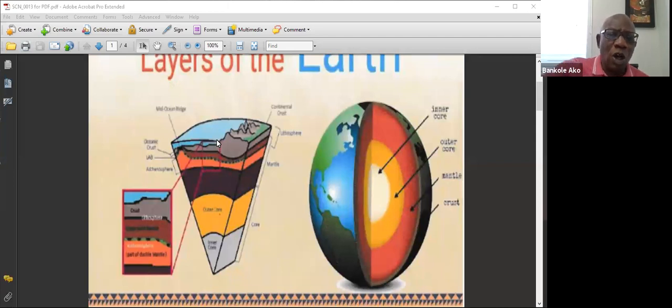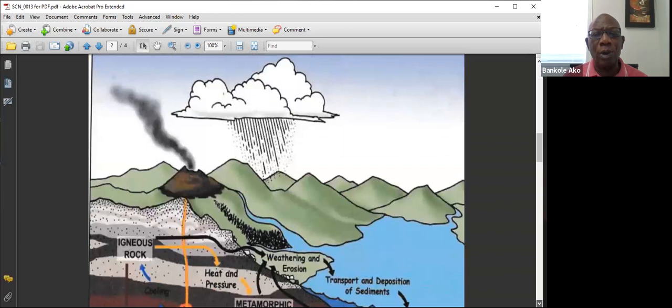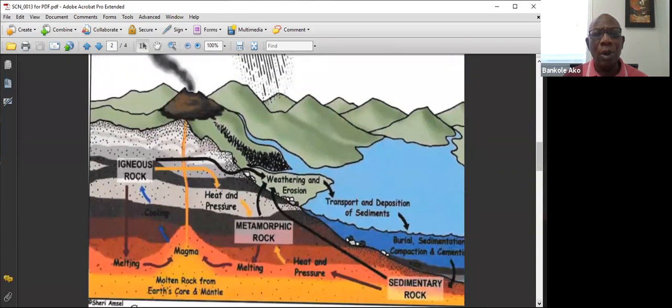We have the igneous rocks, we have the sedimentary rocks, and we have the metamorphic rocks.